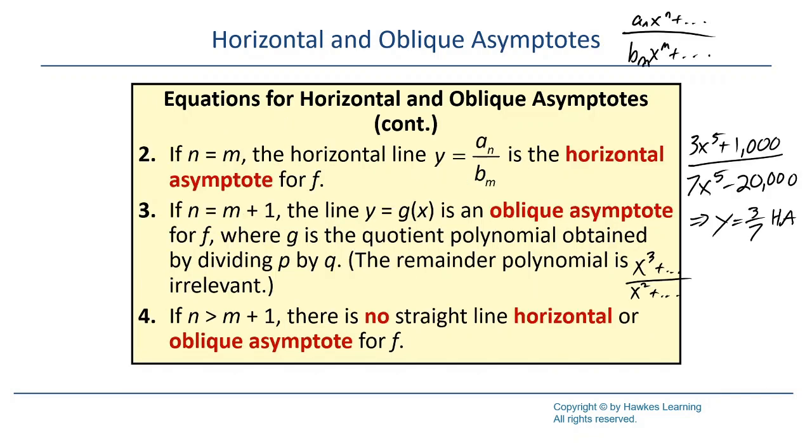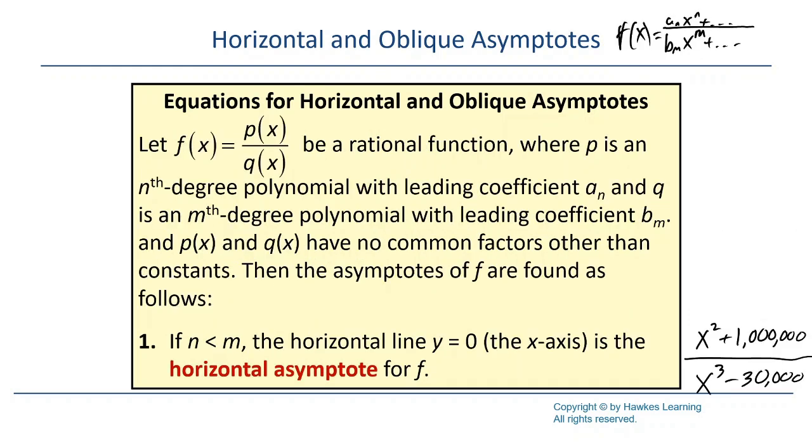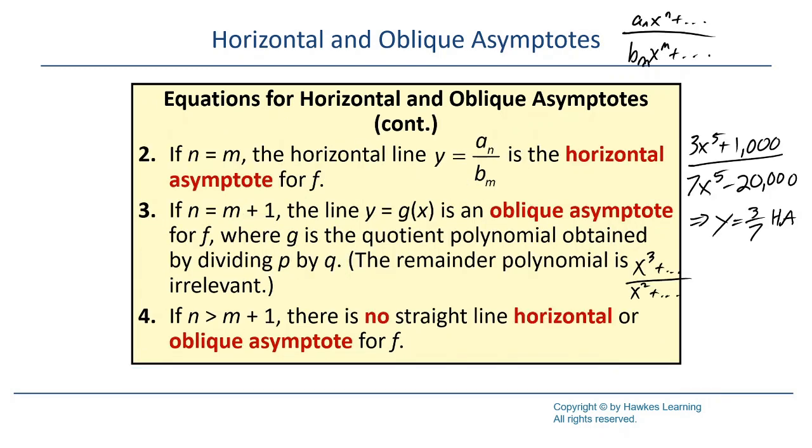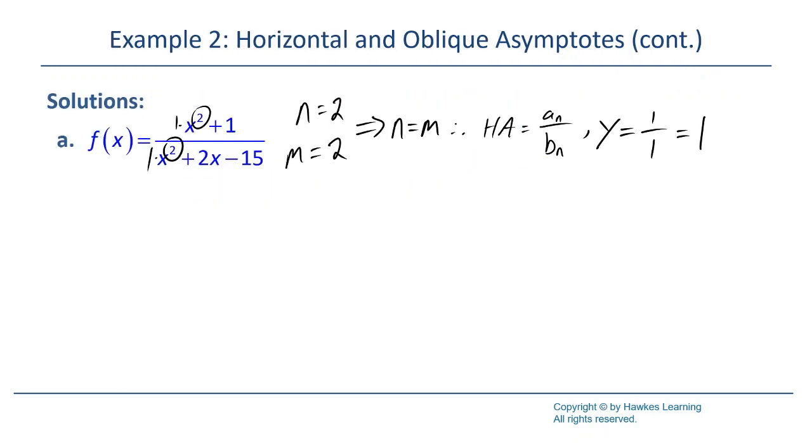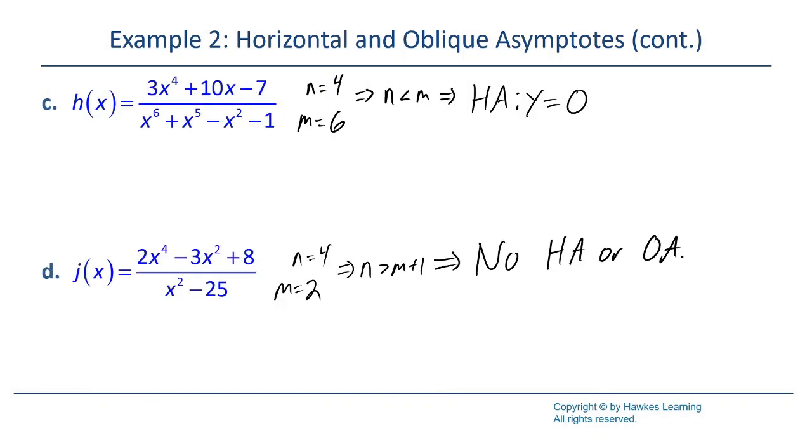I would recommend making a small little box in your notes, and you don't have to include all the words, but I would mainly focus on n is less than m, n is equal to m, n is equal to m plus 1, and n is greater than m plus 1 for your indicators. And then once you have that, you can go through and find all of these, or in other problems like it. Then it just becomes kind of like a quick reference guide. You don't have to constantly be going back and going, okay, well, which one is which? If you just break it down to those 4 things, it'll be really easy.